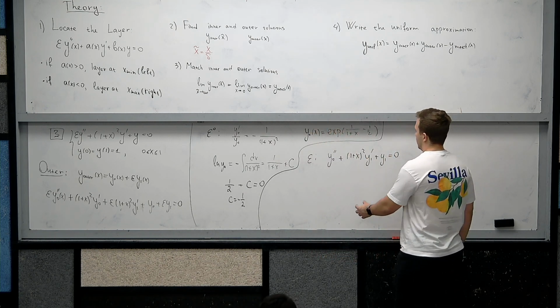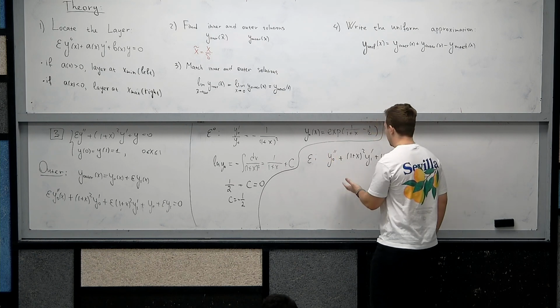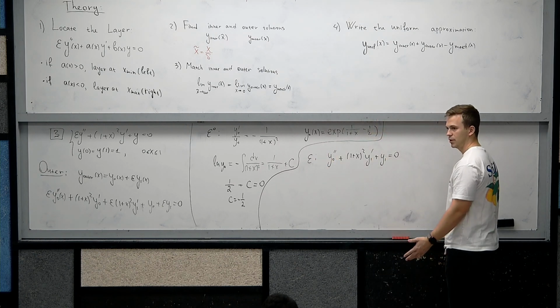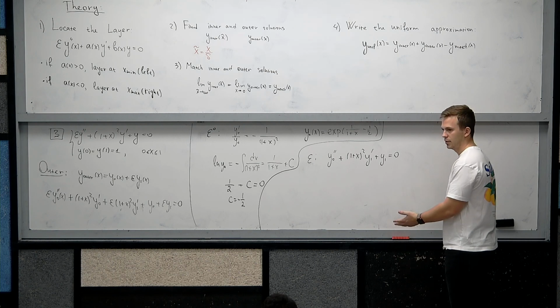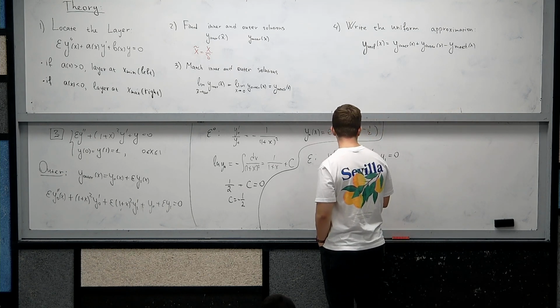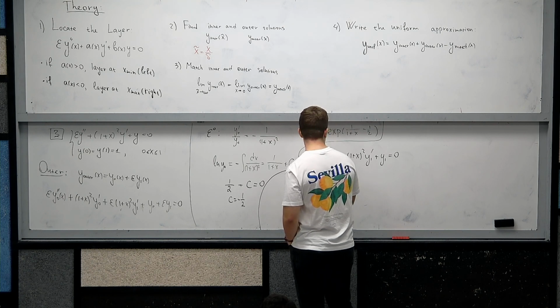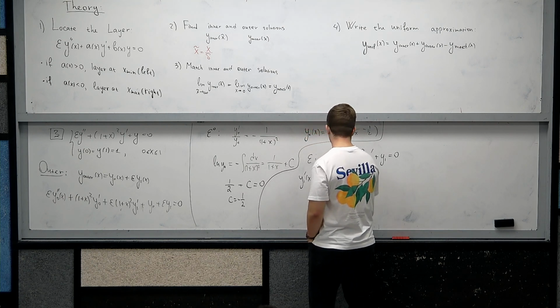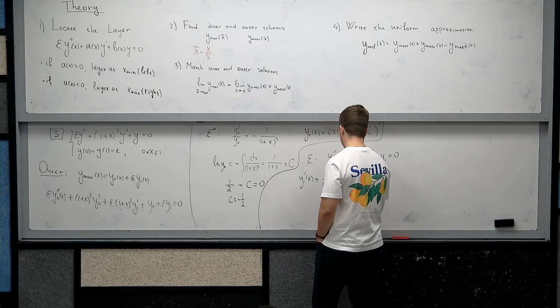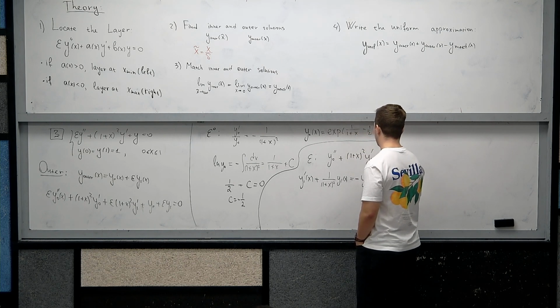Okay, because we know already what y naught is, it's some known function, right? And this is a first order equation. We can use, for example, integrating factor to solve it. And let's do it. So let's rewrite it a bit. So we have y1 prime of x plus 1 over 1 plus x squared times y1 of x equals minus y naught double prime.